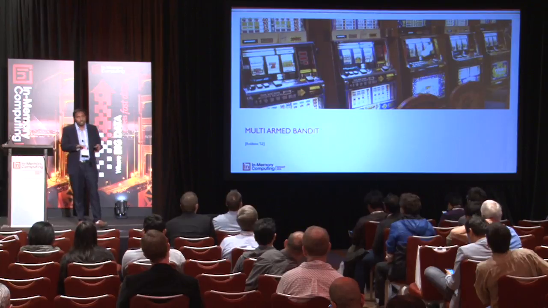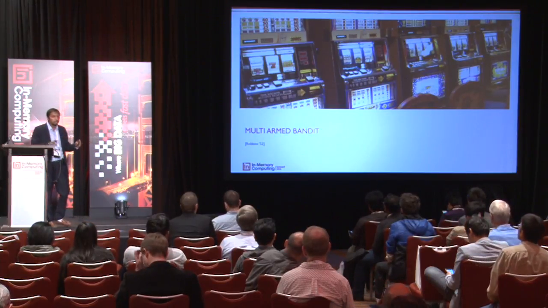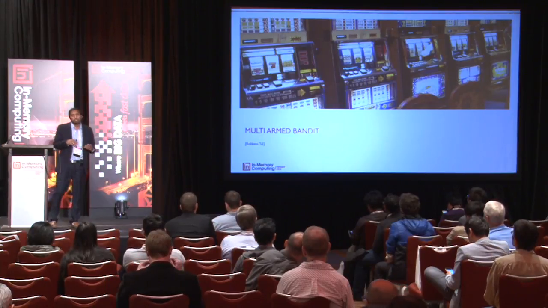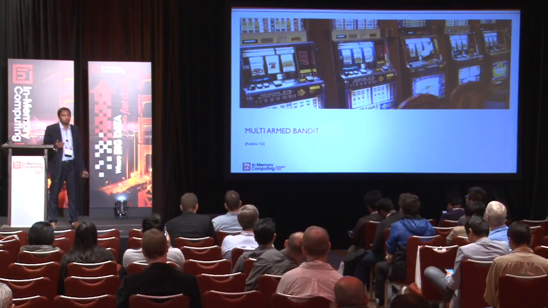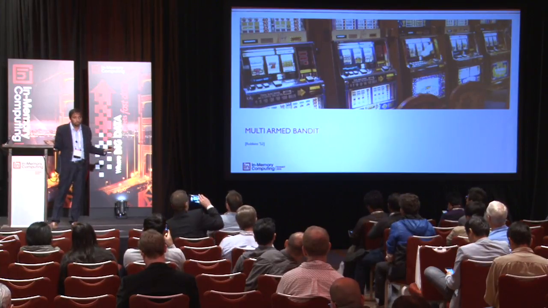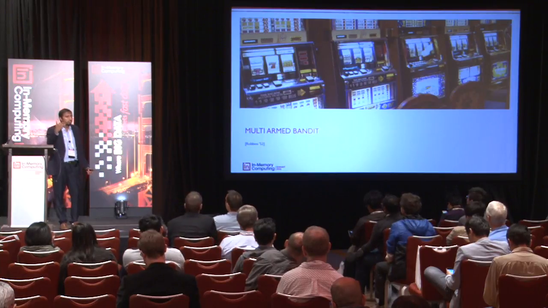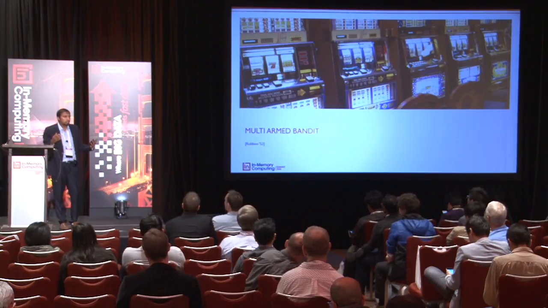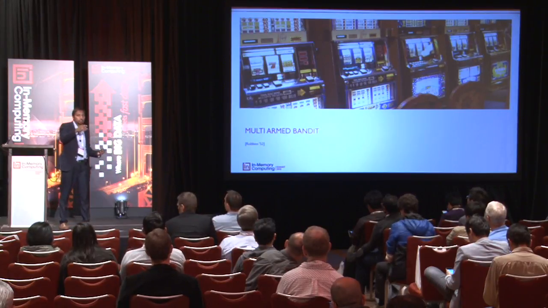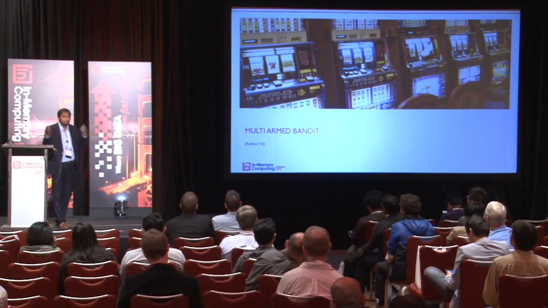So let's look at one set of algorithms called the Multi-armed Bandit algorithms. Imagine a casino setting where a gambler is in front of a slot machine where he has a lot of options to choose from, and each of the slot machines gives different payouts, right? And the gambler's dilemma is to either stick with the slot machine that works best, or try to explore other options and see which one gives the best.